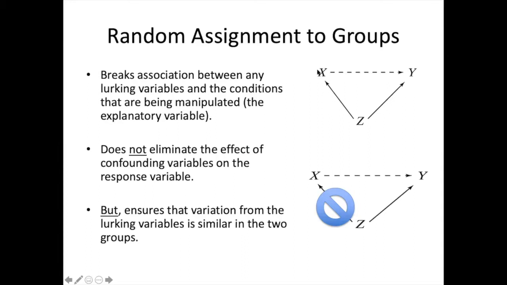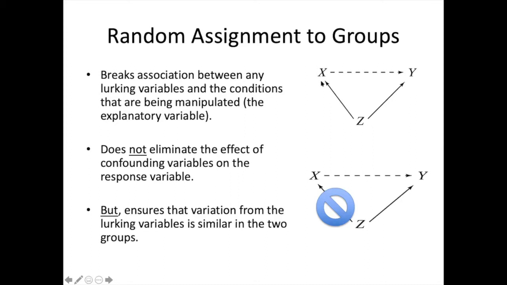So let's say we had this hypothesized causal effect of variable x on our response variable y, but we were worried that some other variable z might be acting as a lurking variable and actually causing this association, rather than x having a causal effect on y. Well, to break apart this effect of z, we could experimentally manipulate the level of x rather than relying on observational variation in x and its association with y.